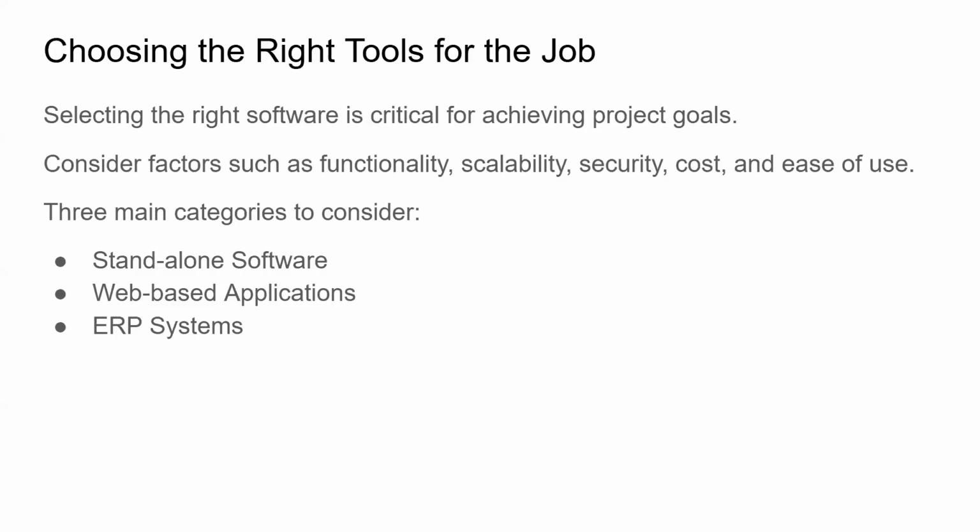Right, now I think it is obvious for the government, right? What type of software is the best selection for government agencies? Standalone software or web-based applications or ERP systems?